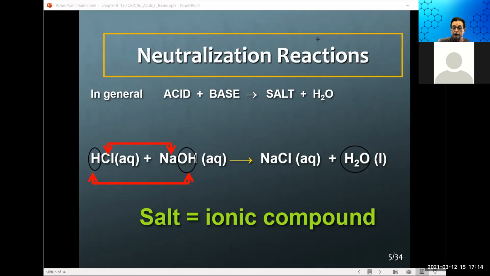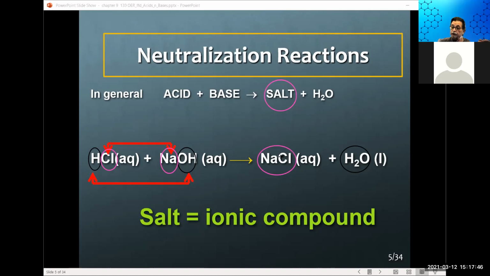And the negative or the anion of the acid, which in this case is the chloride, and the cation of the base combine to give you sodium chloride, which is the salt. Okay. All right, aqueous system. Now we think salt. Okay, and all of us, we tend to think, and it's quite natural, sodium chloride, table salt.